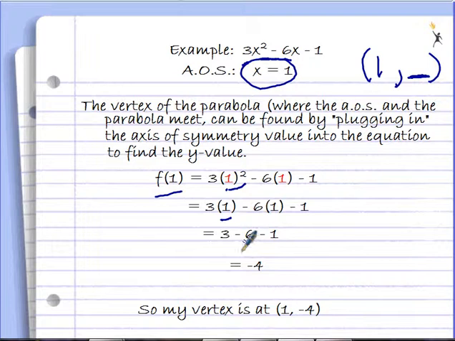Negative 6 times 1 gives me negative 6, and negative 1 gets brought down. 3 minus 6 minus 1 is negative 4. That's going to be the y value of my vertex. Since my x value was 1, my y value is negative 4, so my vertex is at (1, negative 4).